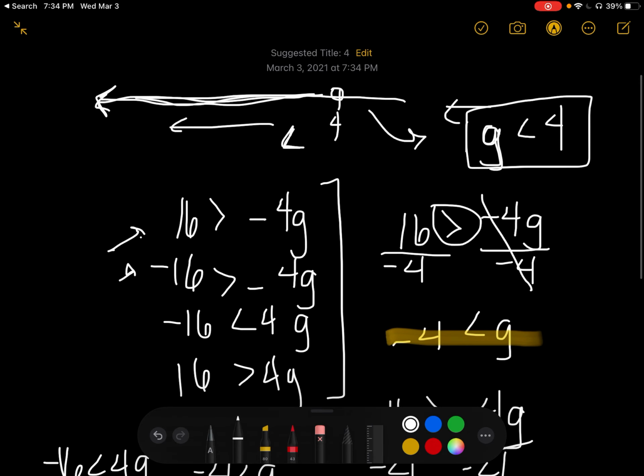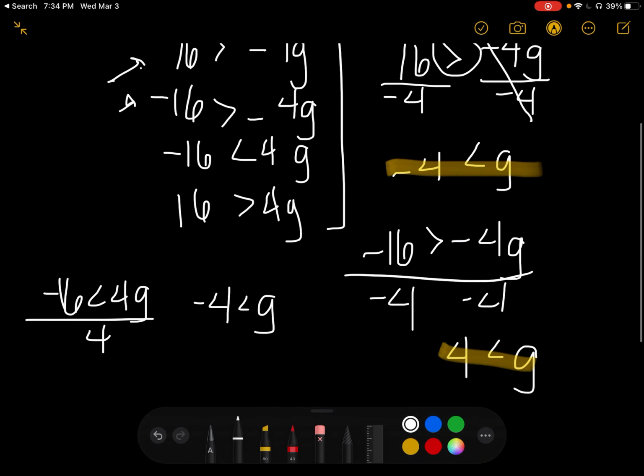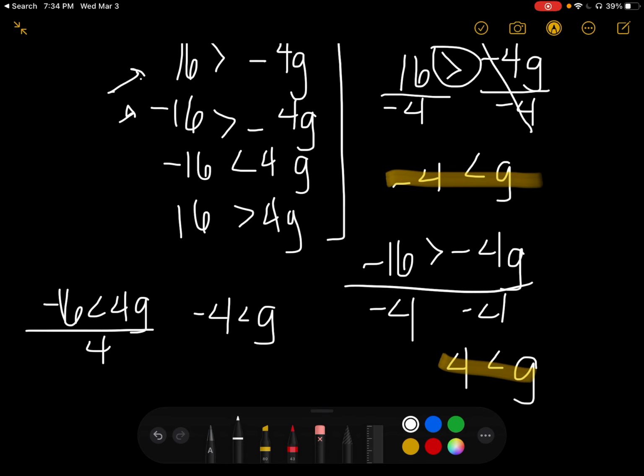So remember that when you solve, you have g is less than 4, and if I have negative 4 is less than g, this is the same as g is greater than negative 4. Remember when you're thinking about how it's written, when you put g first, you flip that sign to go with it.